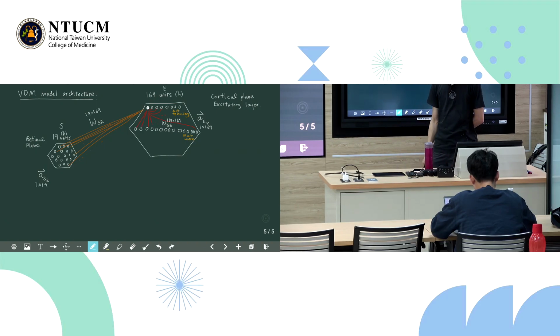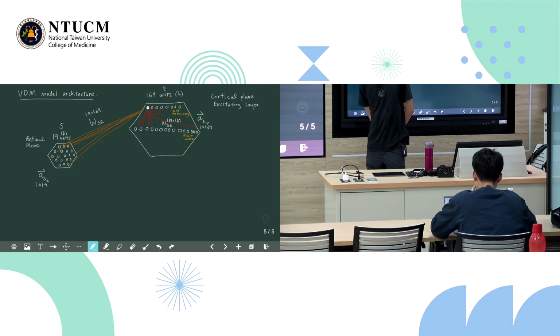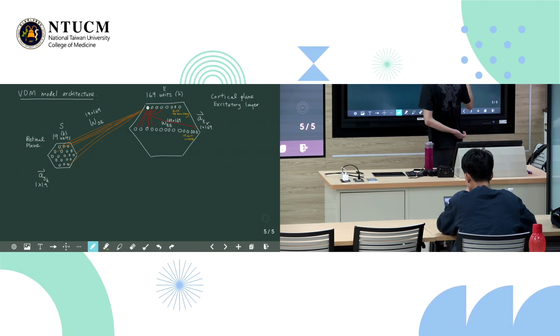Easy enough? Okay. Here's the trick, and here's where there's some brilliance. Von der Malsburg realized that in V1, and this one we can see biologically, histologically, that there are what we call interneurons.